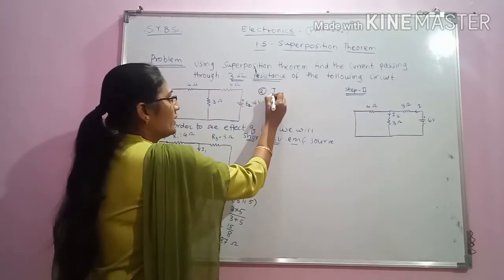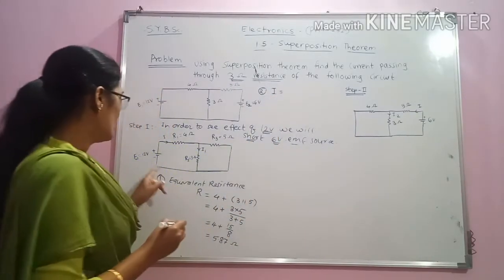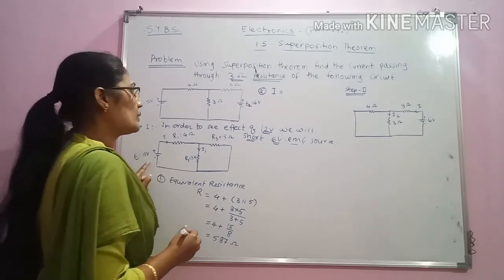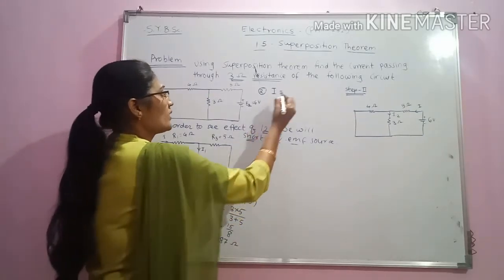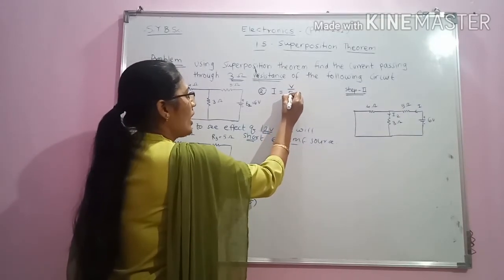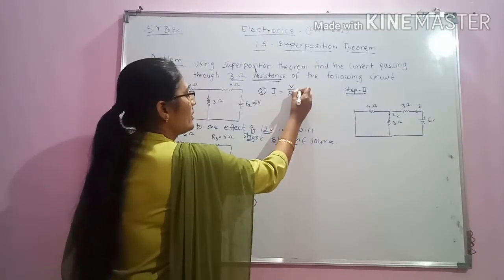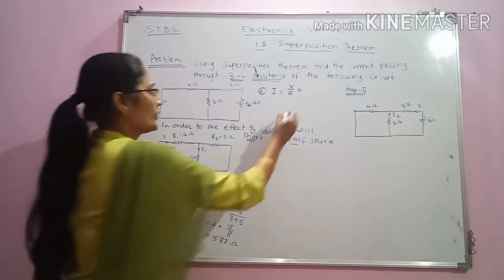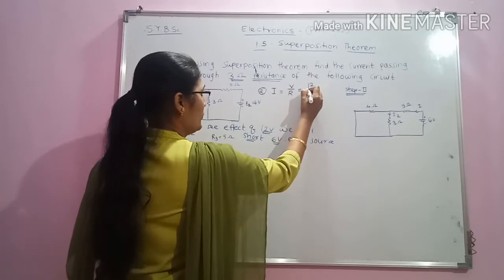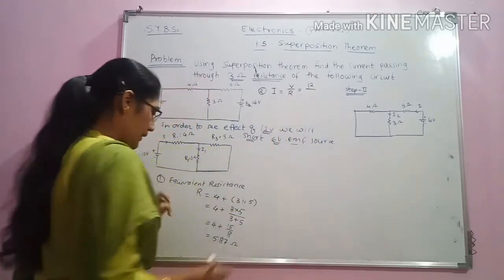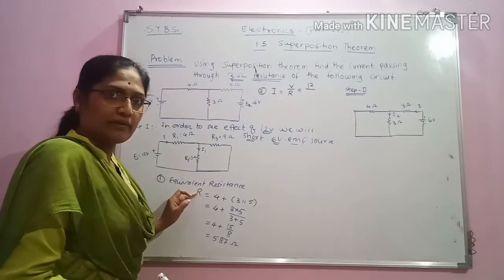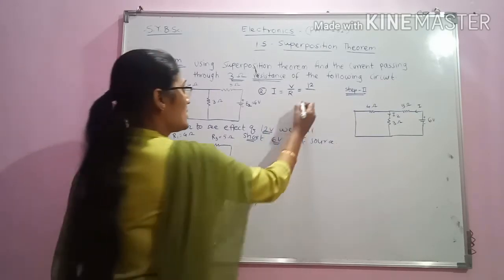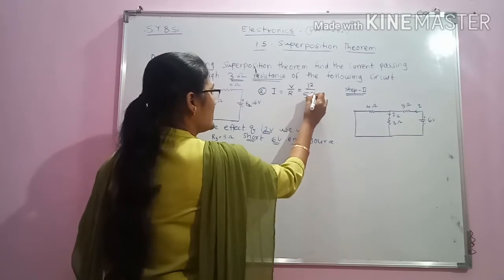We know that the current in a circuit due to this 12 volt battery, or the source E1, is equal to V upon R. V is nothing but the voltage, and that voltage is given as 12 volt, divided by R. R is nothing but the equivalent resistance of the circuit, and its value we have calculated as 5.87.